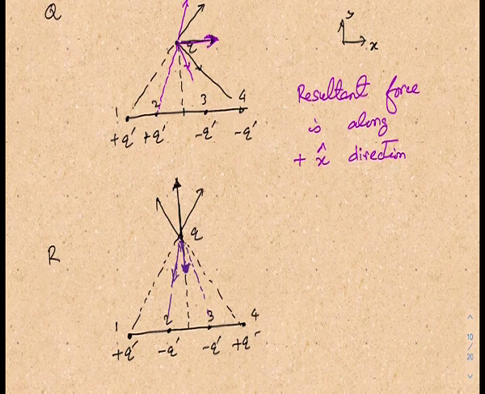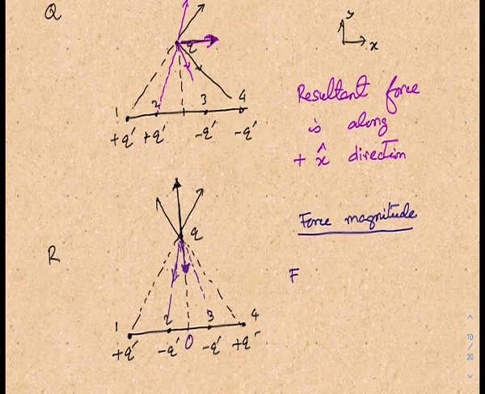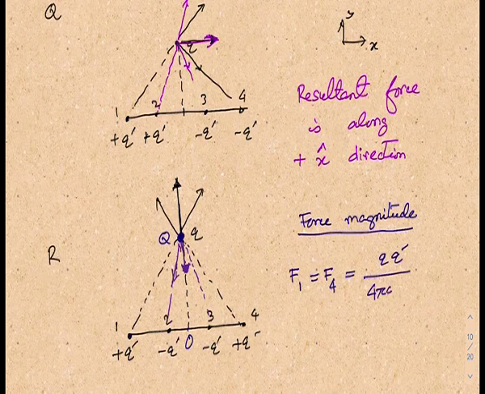So let me just note that down. Force magnitude: due to charges at 1 and 4, because they are at the same distance from this point O, the force F1, magnitude wise, at the point Q would be q dash divided by 4 pi epsilon 0 times the distance squared.